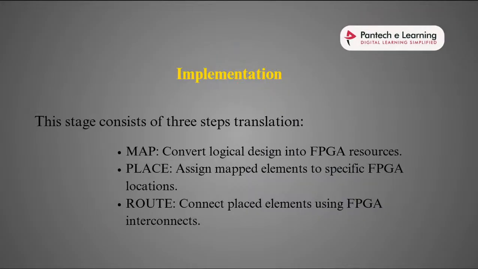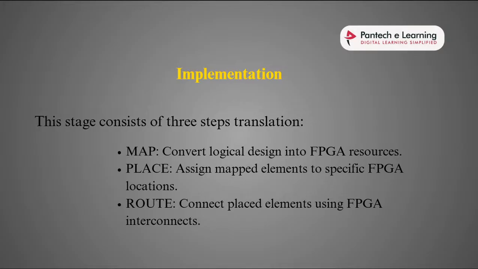And then implementation. In the implementation we have to do mapping, place and route. Mapping means, as I already said, inside the FPGA there are a lot of CLBs. The tool has to say that this particular CLB has to work on this, and another CLB has to work on that. And then pin assigning.